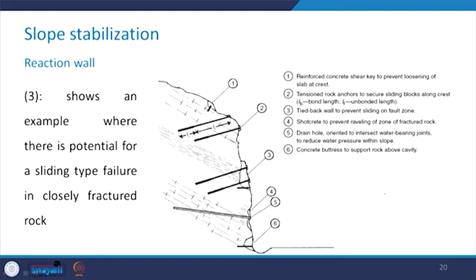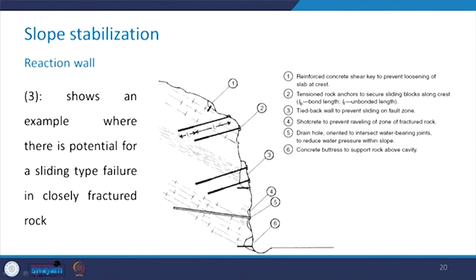Now the third type of slope stabilization measure involves the use of a reaction wall. Here you can see that although the rock anchors have been provided, at the same time in this particular portion, a reaction wall has been given. This third one is the example where there is a potential for sliding type of failure in closely fractured rock.